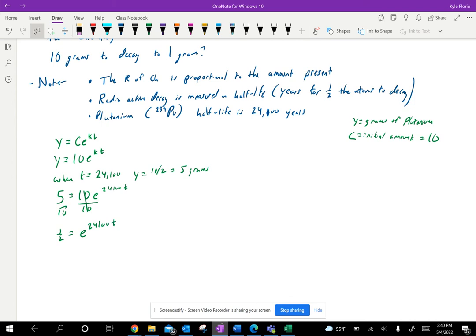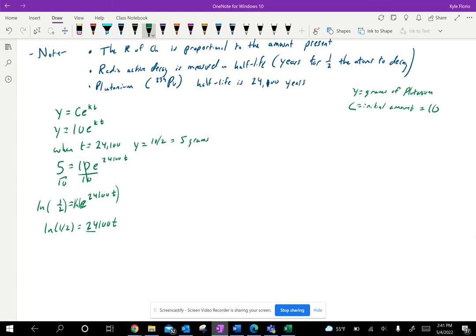And then take the natural log of both sides to get the t out of the exponent. So the natural log of 1/2, since the e and the natural log cancel out, is equal to 24,100 k. So just divide both sides by 24,100.